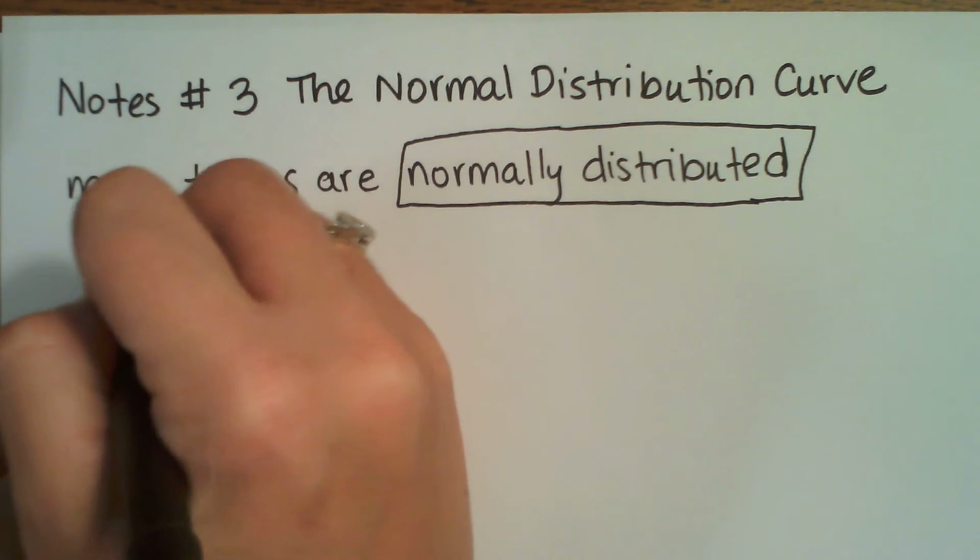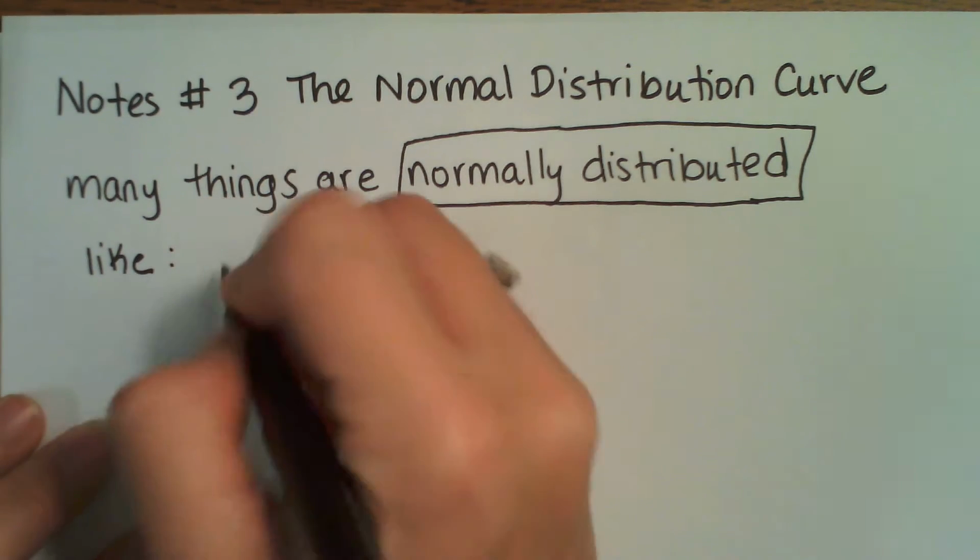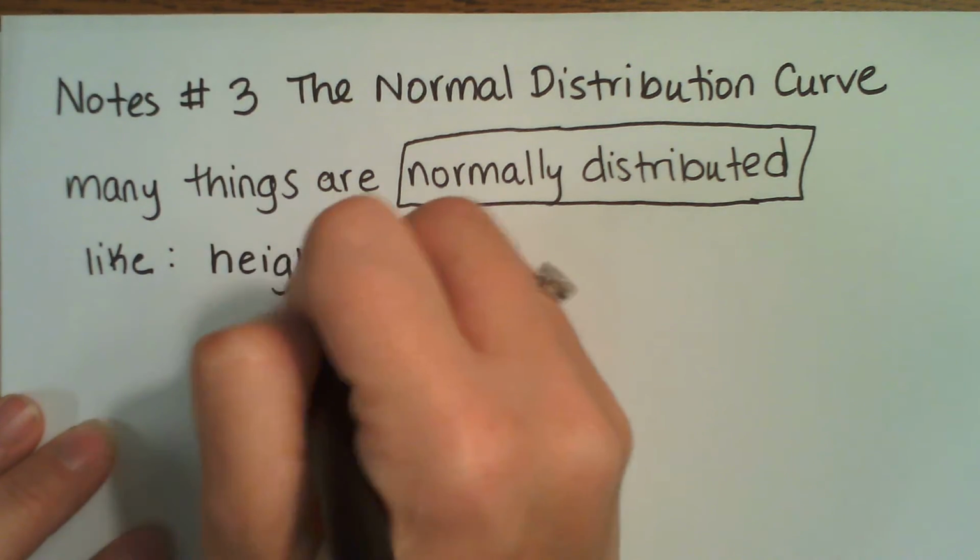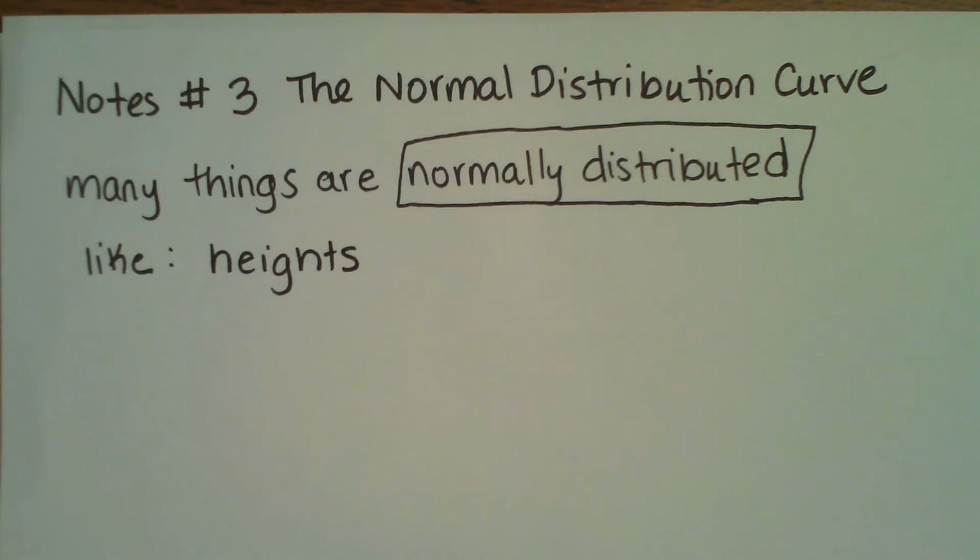Like heights, meaning if you look at women, most women are about the same height. They're between 5'2" and 5'4", right? But you're going to have some taller women who are 5'6", 5'7", and some shorter women who are 5'1", 5 foot, 4'11". But most of the women would be in this sort of range.